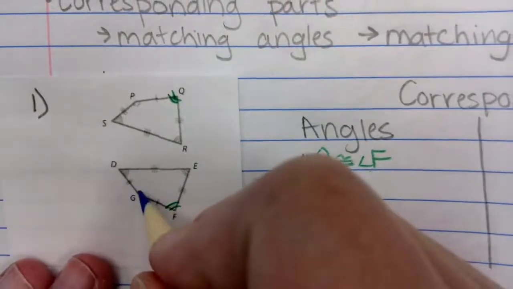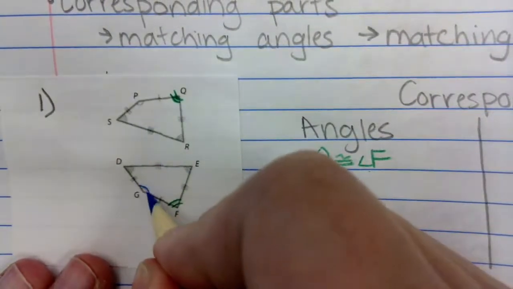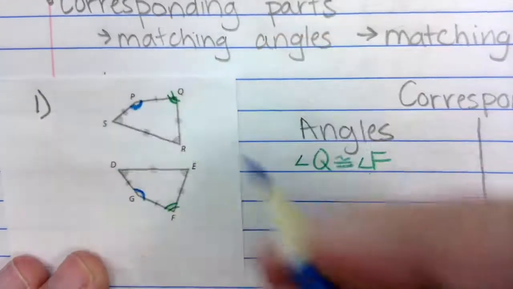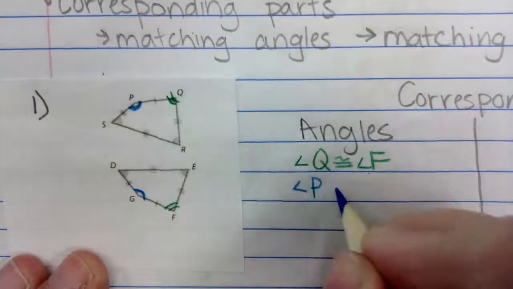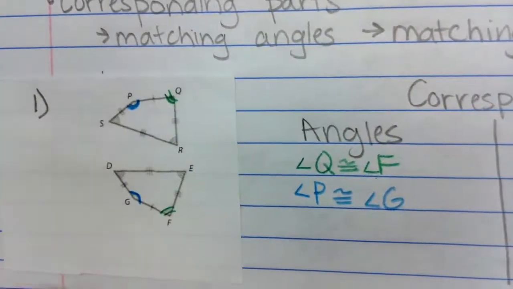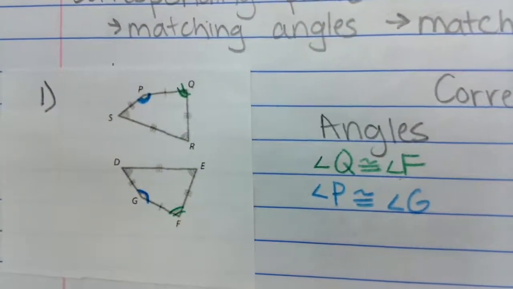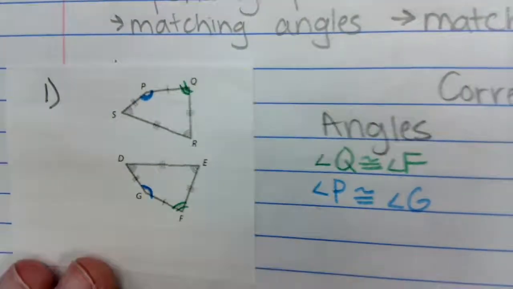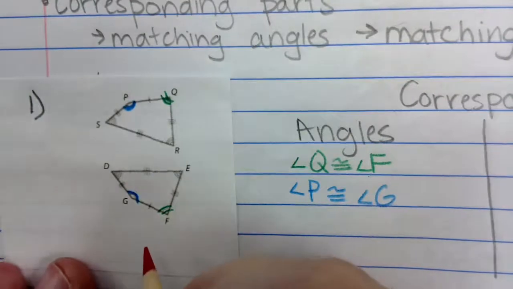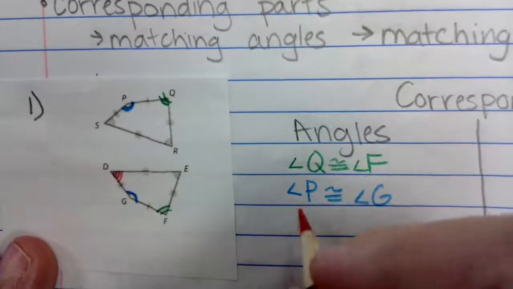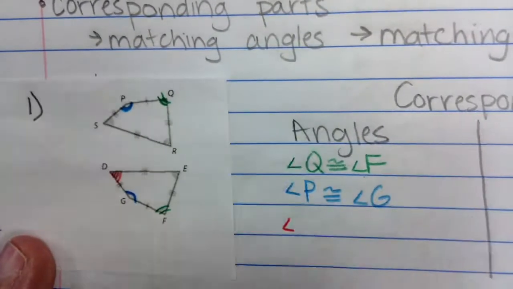All right, angle G. What is angle G congruent to? Angle P. How did you know? They have one arc. Okay, what about angle D? How many arcs does angle D have? I think I had 4. What's congruent to angle D?